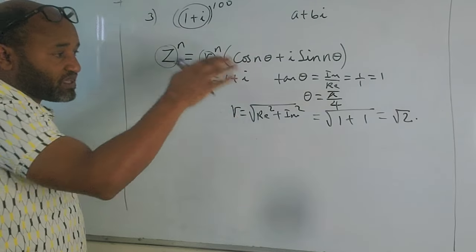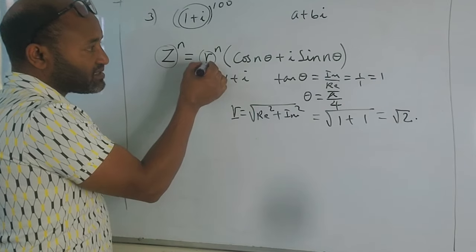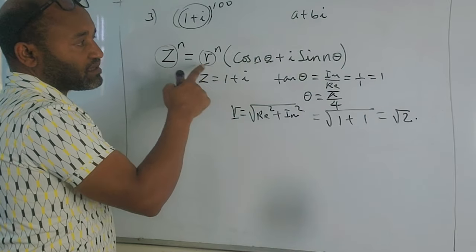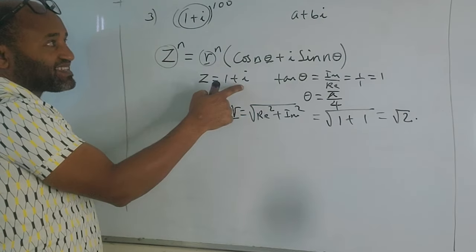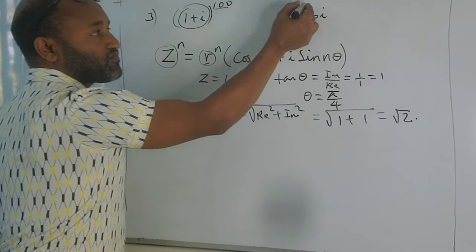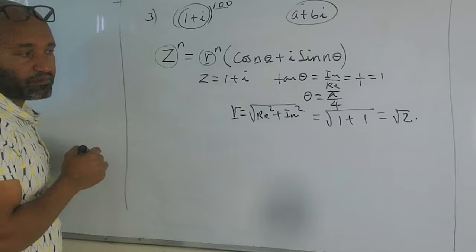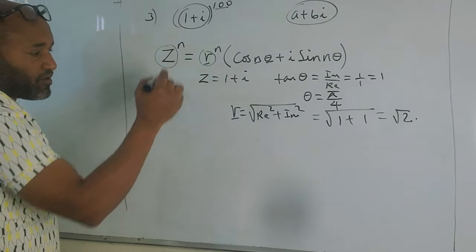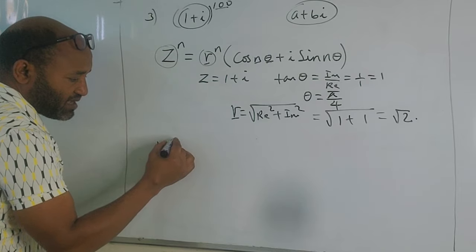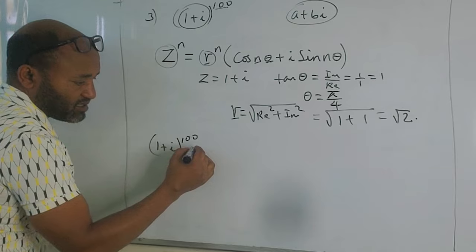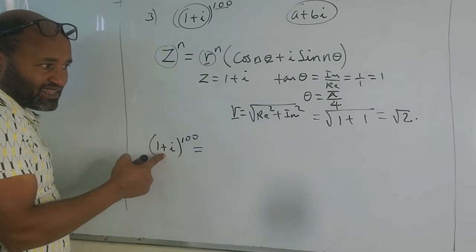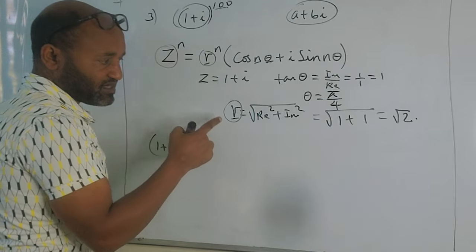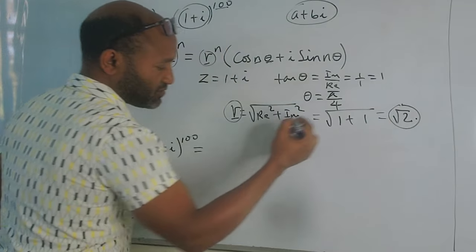Now, after we got those values r, n, theta, we need to substitute here to get 1 plus I to the power of 100 in the form A plus BI. Therefore, 1 plus I raised to 100 is equal to r, which for z equal to 1 plus I is radical 2.